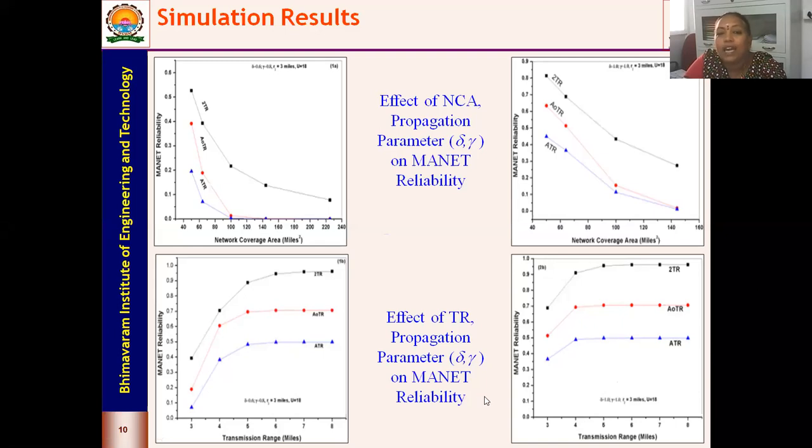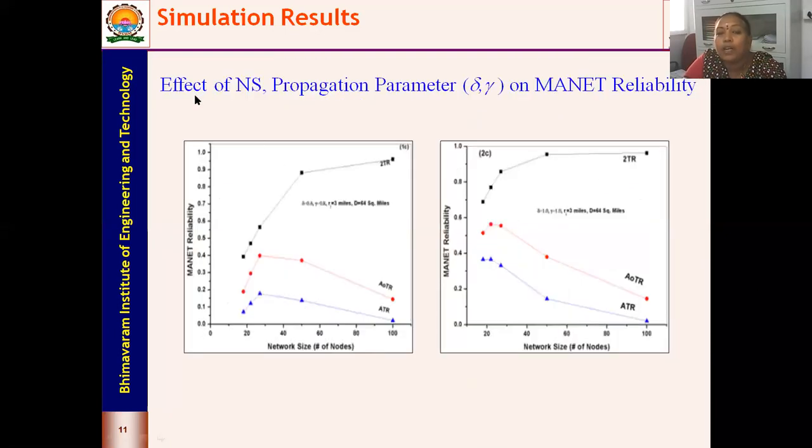And next we have with respect to the number of nodes in the network. Here also we have again considered delta is equal to 0.6 and gamma 0.8, and the same transmission range, but with a coverage of 64 square miles, and this is also 64 square miles.